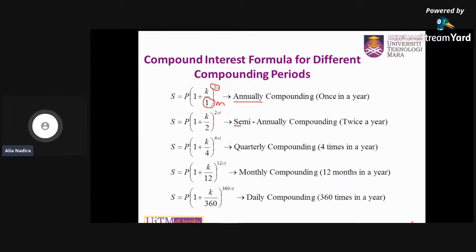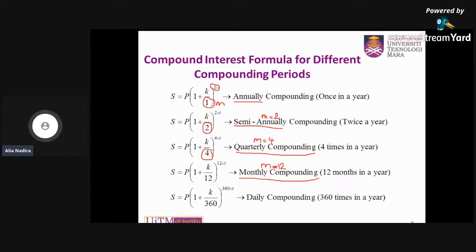Okay, so let's say it is semi-annually. M is 2. Quarterly compounding, we have M is 4. Okay, then monthly compounding, M is 12.